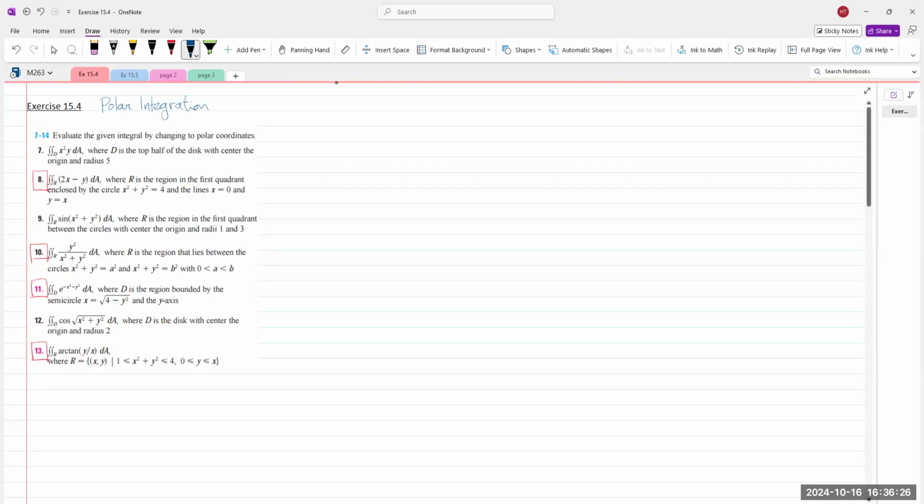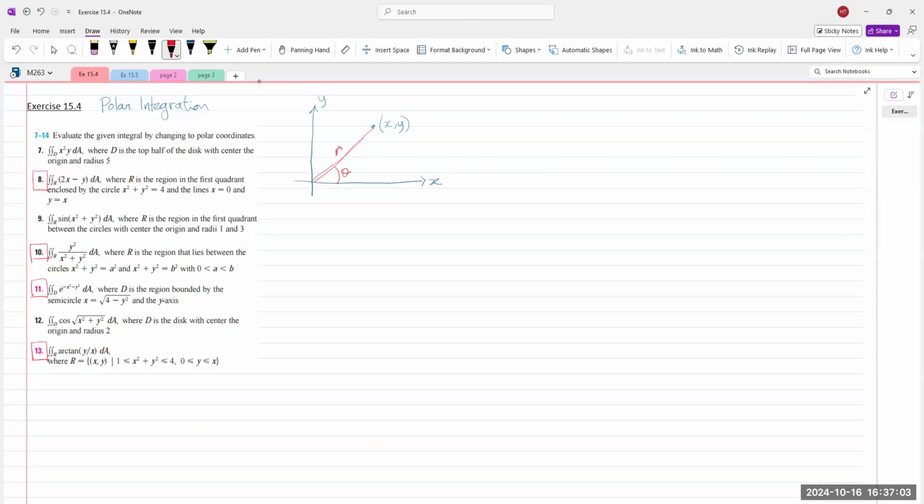Now to remind us of the polar transformation, suppose I have a coordinate x comma y in the rectangular coordinate system. Then that coordinate may be represented in polar by using r, theta, where r is the distance from the origin to that point, and theta is the angle in standard position. Angle in standard position means it's counterclockwise from the positive x-axis.